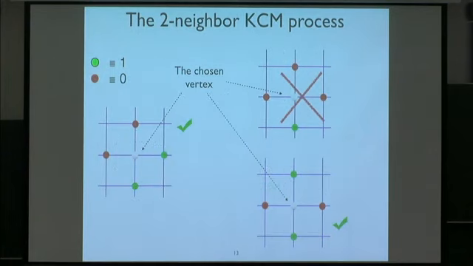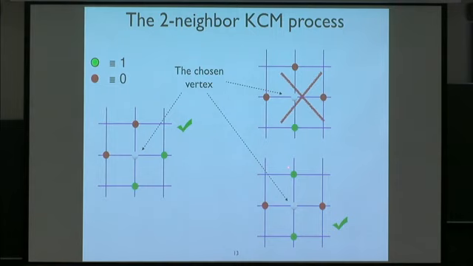So, for example, here in the two-neighbor process, this vertex is allowed to move because there are two infected neighbors around. These two the same, while this one not, because there's only one infected vertex around.